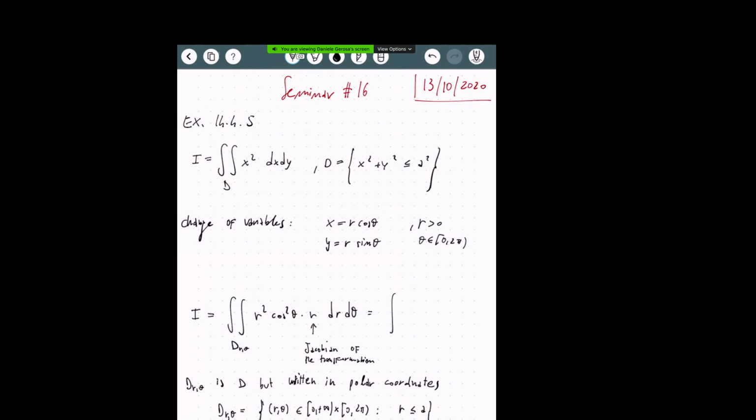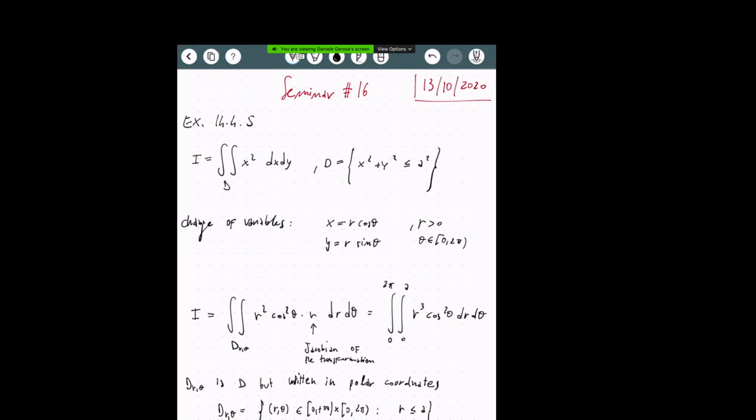So what is this now? This is the double integral. We have no limitations on theta, so theta goes from 0 to 2 pi, and r from 0 to a. So this is r to the power of 3 cosine squared dr d theta. Okay, I go maybe to the next page.